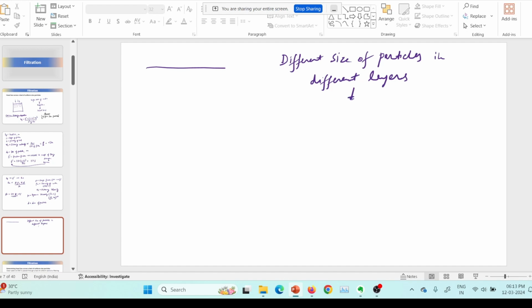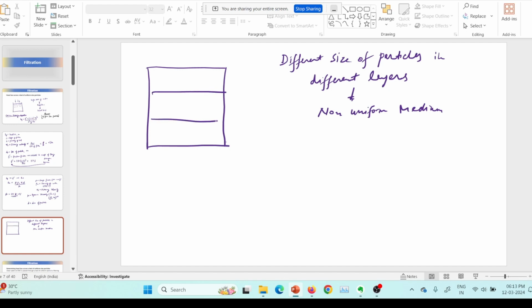This is called a non-uniform medium. In this case, there will be different layers.